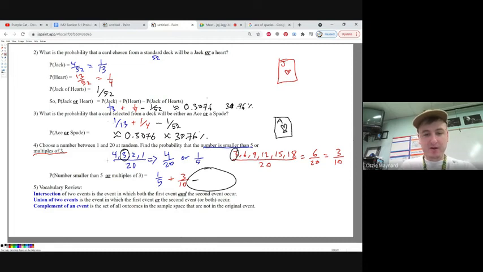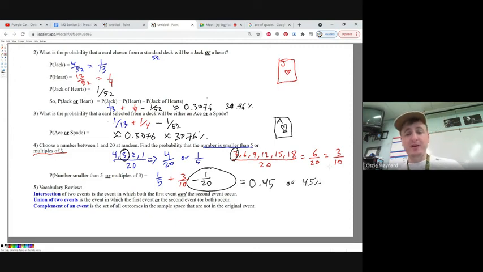Any other numbers that are in both lists? Nope, that's the only number. So only 1 out of 20 needs to be subtracted out. That's a number that's on both lists. So finally, let's add that up. 1/5 plus 3 over 10 minus 1 over 20. That would be exactly 0.45 or 45%.